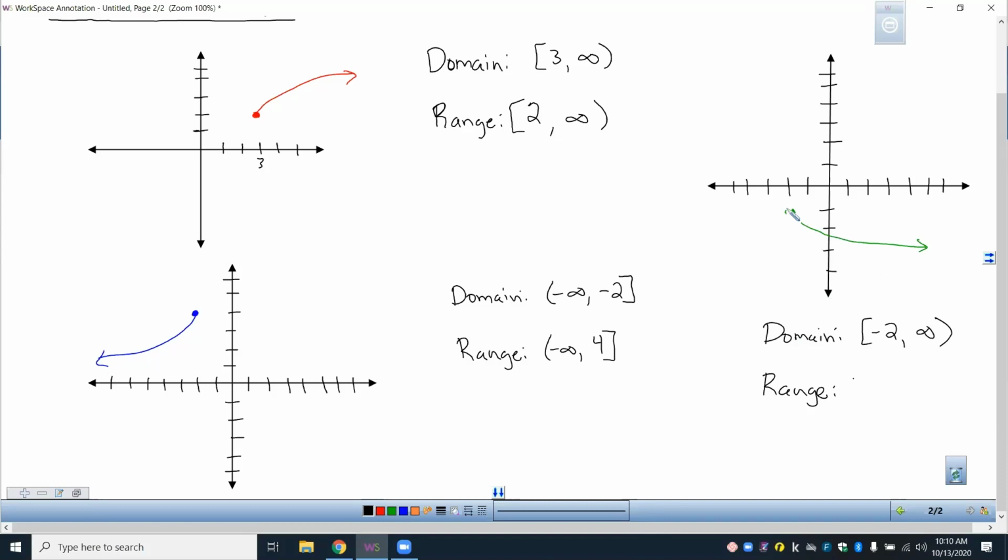This is continuing to go down. So negative infinity. And then as we come up, it stops at -1. So negative infinity to -1 for the range of that particular one.